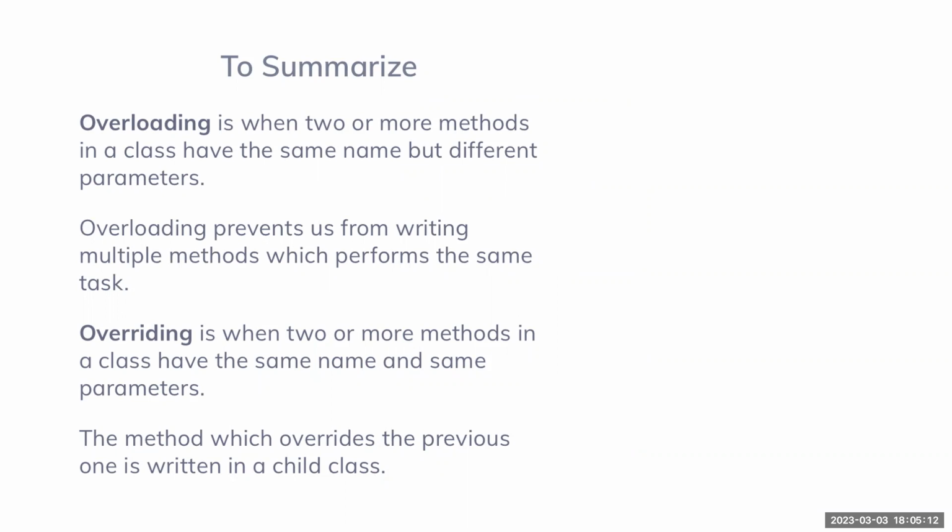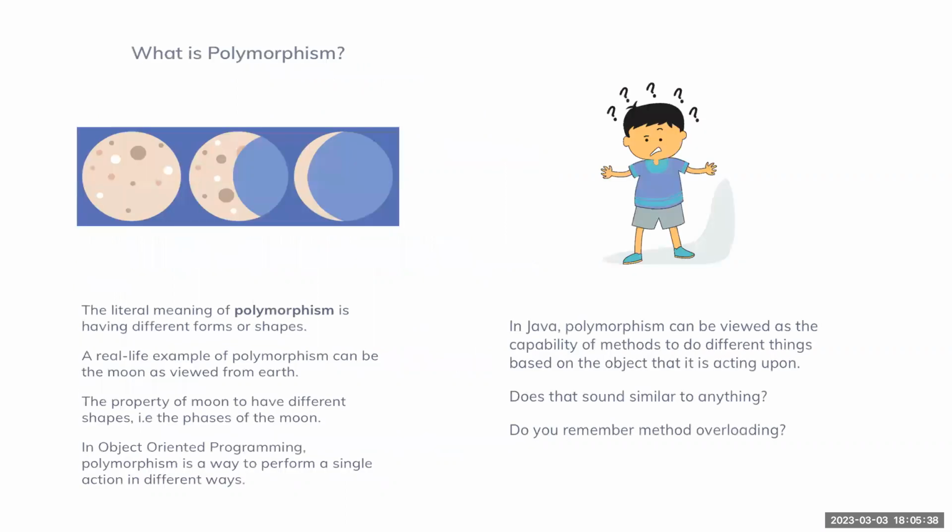Overloading prevents us from writing multiple methods which perform the same task. Overriding is when two or more methods have the same name and same parameters, and the method which overrides the previous one is written in a child class.